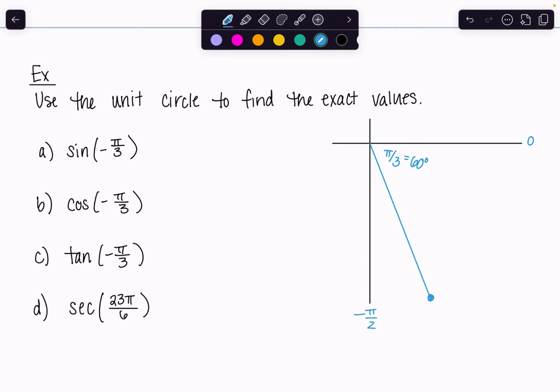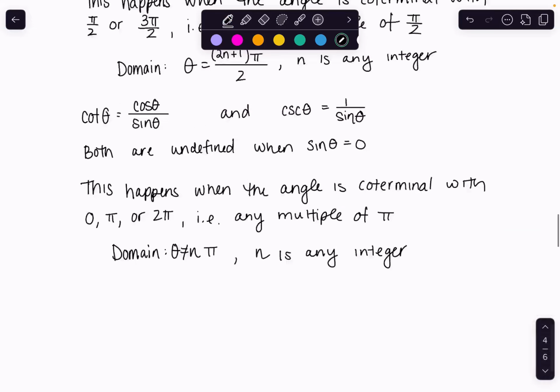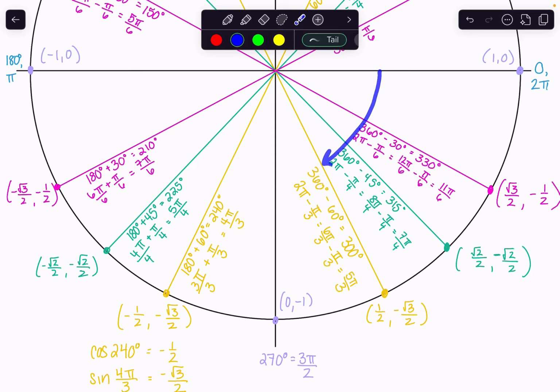Okay. So I'm gonna look at the point on my unit circle that has a 60 degree reference angle. Okay. So again, I can go all the way back up here to find that, but negative pi over 3 would land me right here with these coordinates.